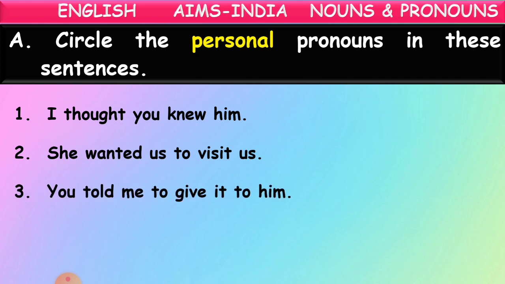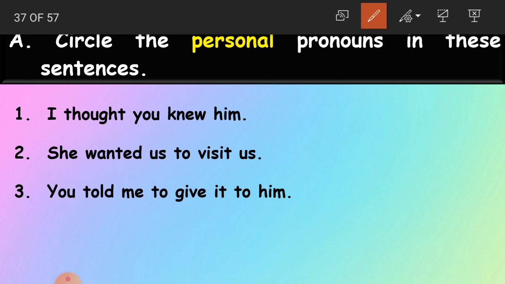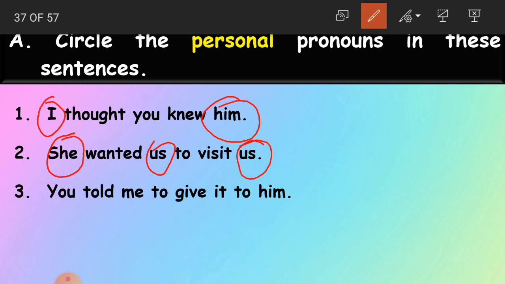Here, the first one: I thought you know him. So I is a personal pronoun. Him also is a personal pronoun. She wanted us to visit us. You told me to give it to him. See how many personal pronouns we got.